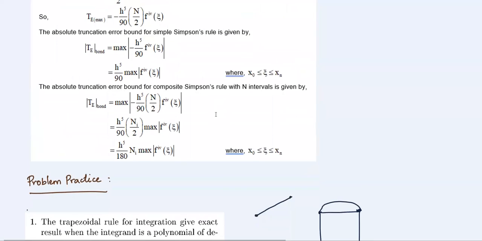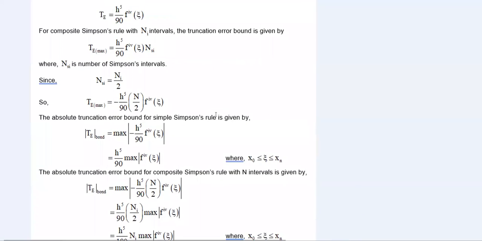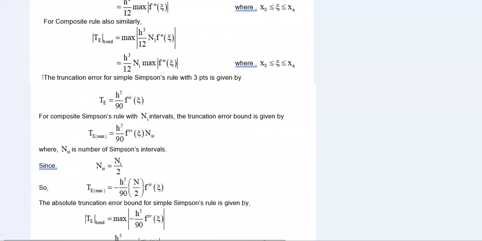Here you get h to the 5 by 90 into the fourth derivative.